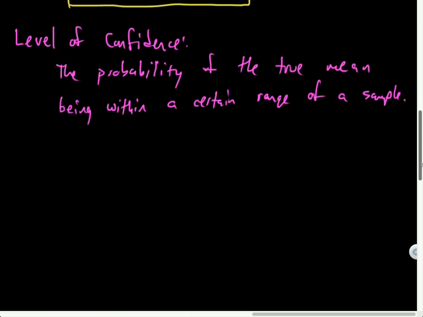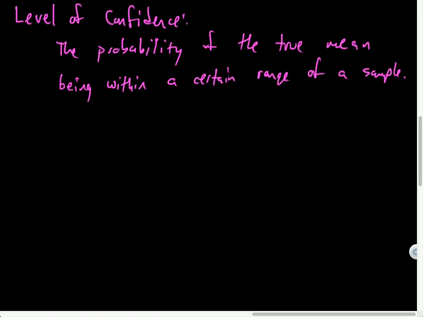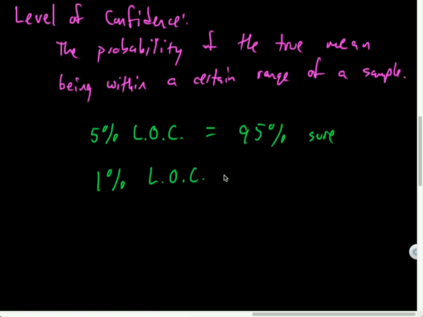Now the weird thing about level of confidence is the two frequent ones that are used: a 5% level of confidence, I'll call it LOC, means 95% certainty. And a 1% level of confidence means a 99% level of certainty.